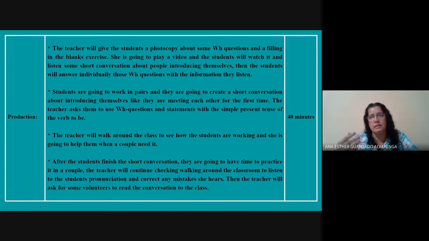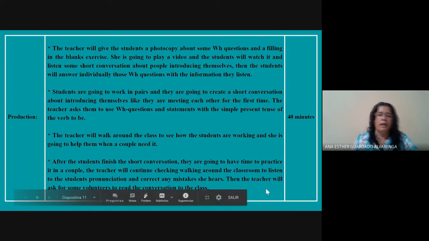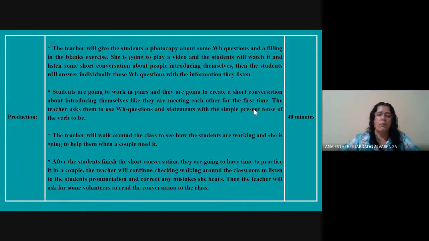Also, the teacher is going to walk around the class and listen to the students, and help to pronounce some words that they are not saying in the correct way. She's going to help them in order to improve their pronunciation. And after, the teacher is going to ask for some volunteers to perform their conversation for all the class.